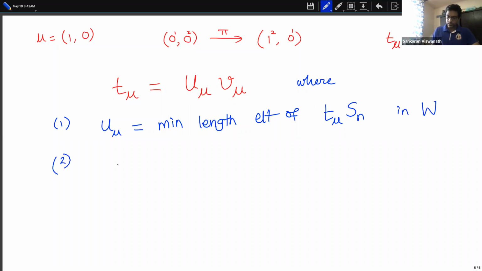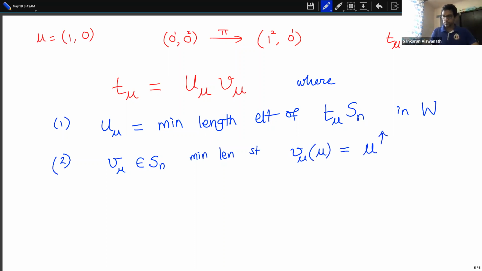V mu has another property. It's an element of Sn which is the minimal length element which maps mu to mu in increasing order. So you rearrange mu in weakly increasing order. There may be many such elements if mu has repeated entries, and you pick the minimal length one. So V mu is exactly that element of Sn.